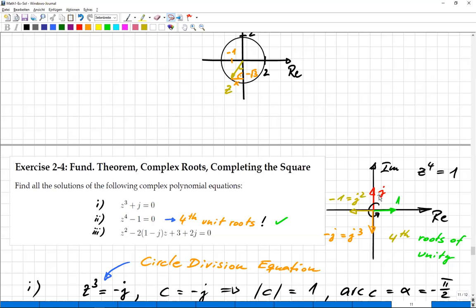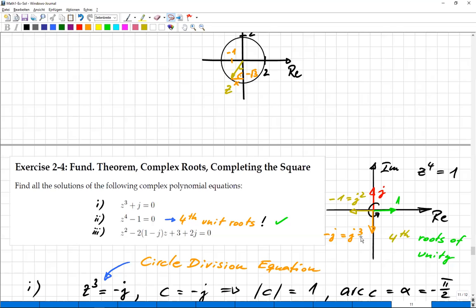If I take j to the third, then I have another right angle to add here, and it shows downward. It means that j to the third is minus j, which is also clear because this minus sign can be replaced by j squared itself. So j squared times j is j to the power of 3. So that's very consistent.